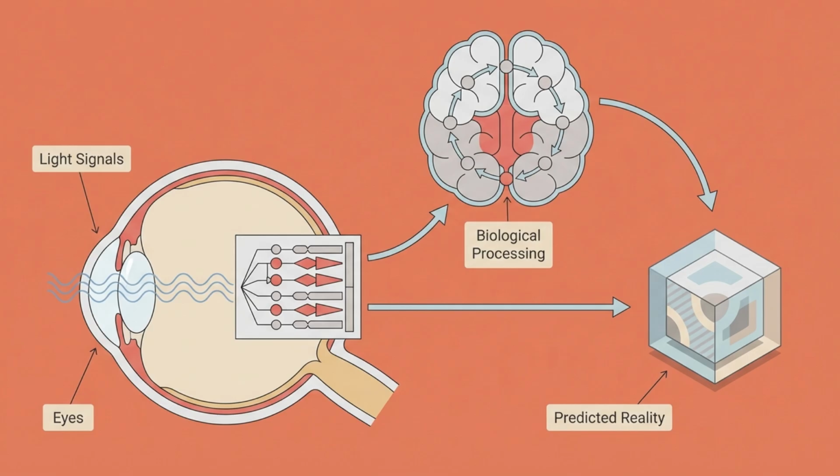And yet, despite its limits, this system allows you to experience depth, color, motion, and meaning with a precision no machine has fully replicated. So the next time you open your eyes, remember, you're not just seeing the world. You are participating in one of the most sophisticated processes evolution has ever produced.